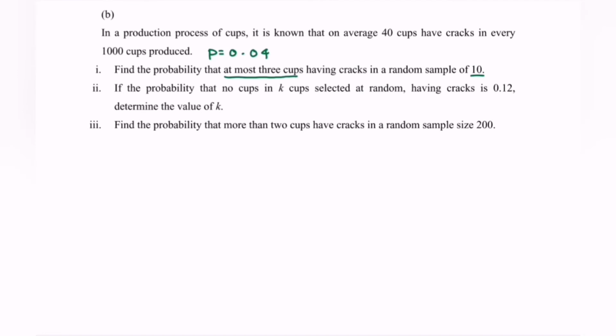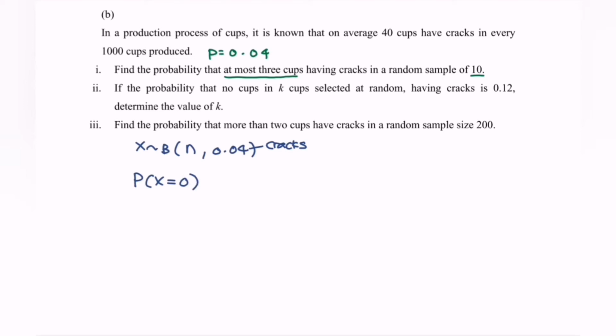Second part. If the probability that no cup in K cups selected at random has a crack is 0.12, determine the value of K. So in here, X is binomially distributed with n and 0.04 crack. Given the question, the probability that no cup has a crack means that X is equal to 0.